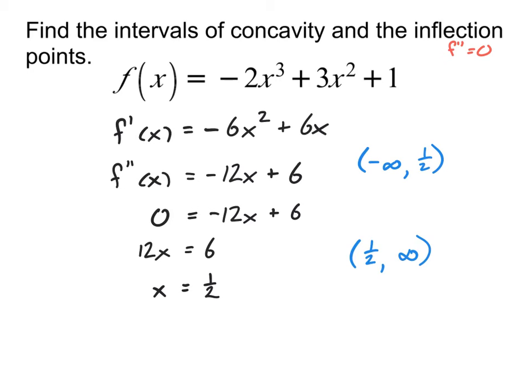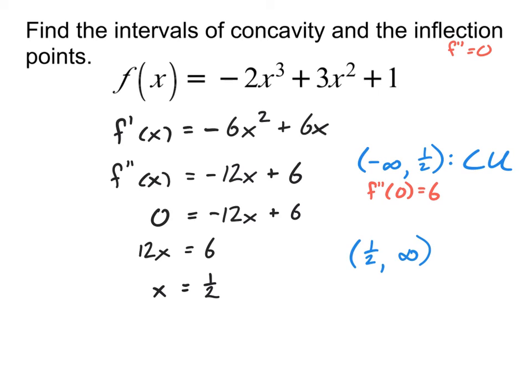In this case, because I'm trying to figure out what the concavity is, it tells me to be plugging it into the second derivative equation. And so if I plug 0 into the second derivative here, that gives me a positive 6. All I really care about is the fact, though, that that's positive, which means that this is concave up.